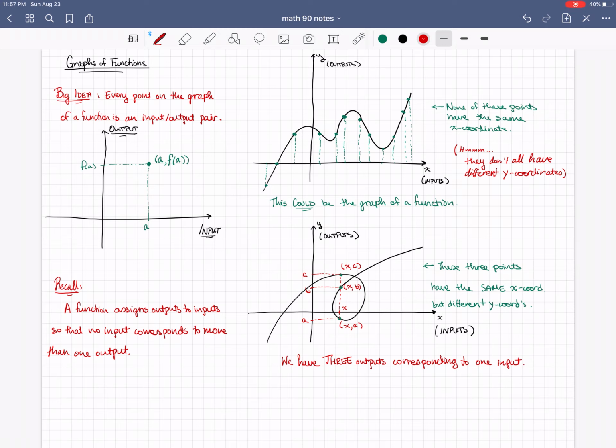And this cannot happen with functions. So this is not the graph of a function. The graph of a function cannot have this feature. So rather than calling it this feature, let's give it a name.